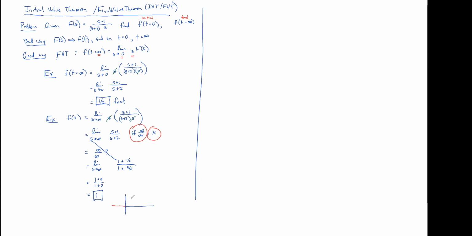It's 0 for time less than 0. It begins at 1, and it decays down to 1/2. So therefore, our initial value theorem, what it is at t equals 0, is 1. And our final value theorem, what it is at infinity, is 1/2. That makes sense.